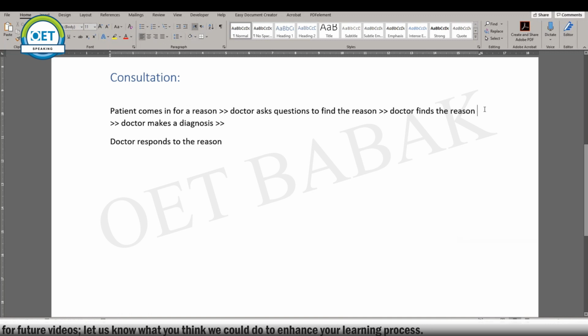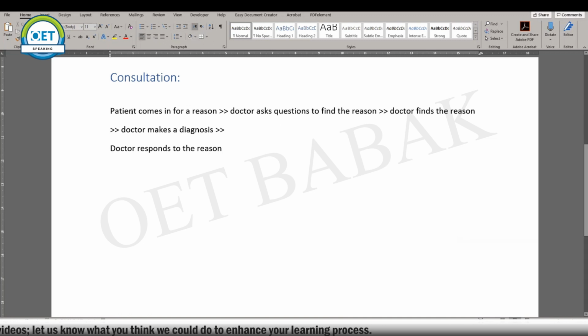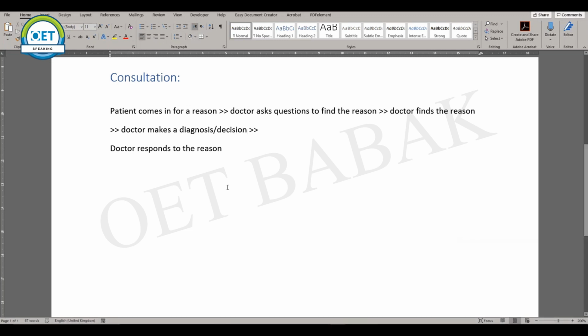So what happened? The patient comes in for a reason. Doctor asks some more questions to find this reason. Then when the doctor finds this reason, doctor makes a diagnosis or a decision. Or maybe more tests, or maybe more questioning.